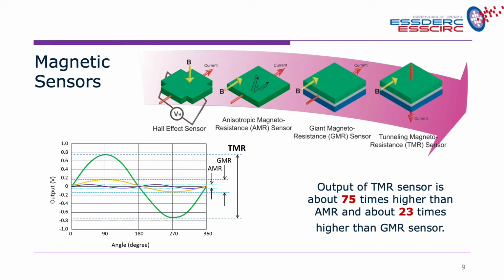Each of them provides a signal output, and the TMR sensors are about 75 times larger than AMR, where GMR sensors again provide 23 times less than TMR. So that's why TMR sensors are our target for different types of applications.